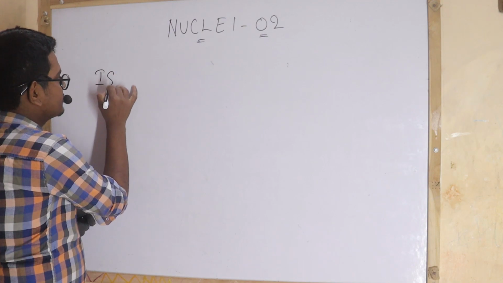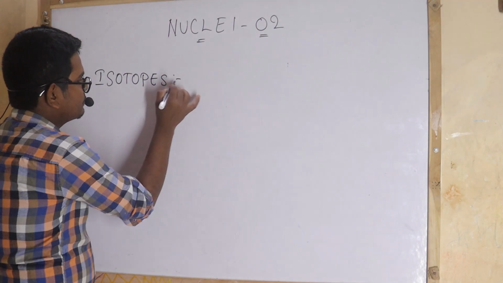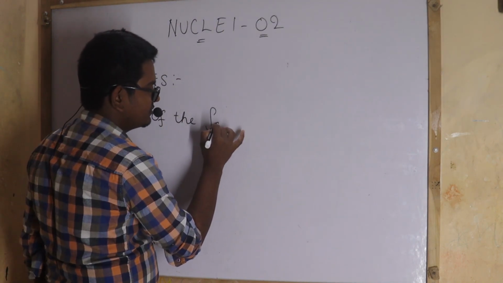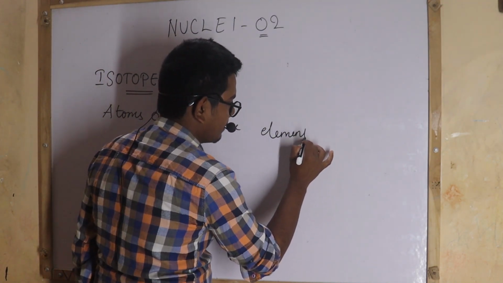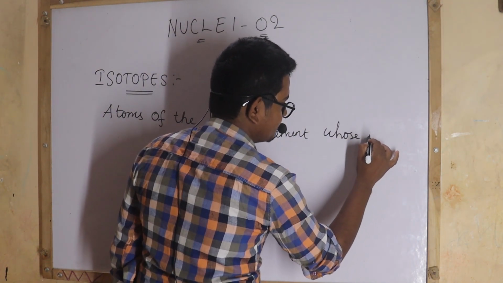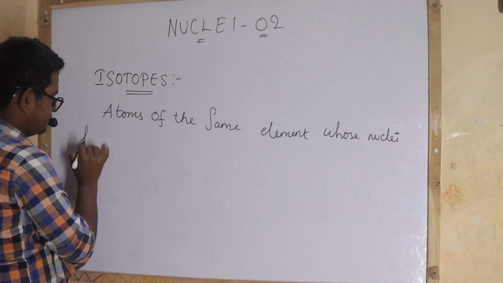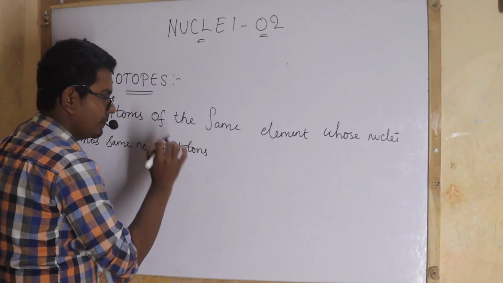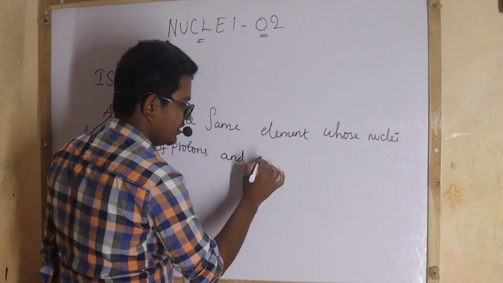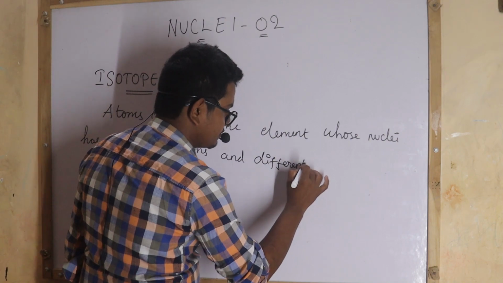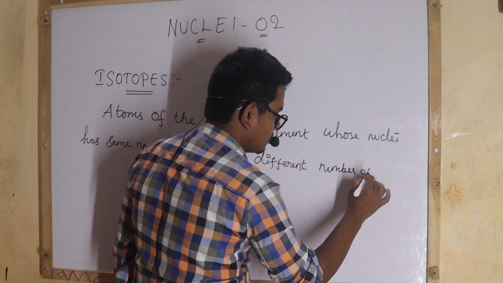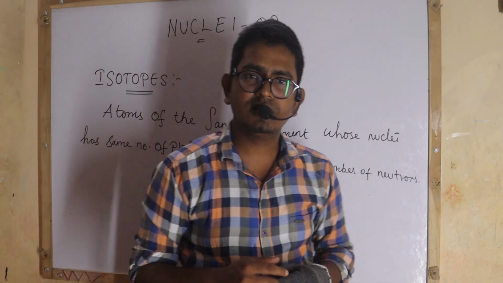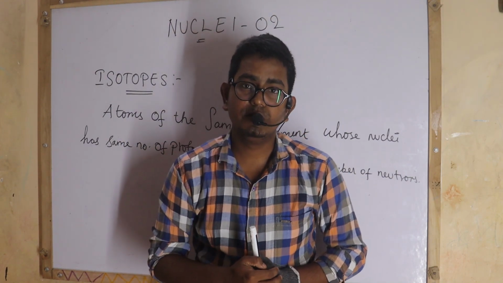Isotopes are atoms of the same element whose nuclei have the same number of protons and different number of neutrons.